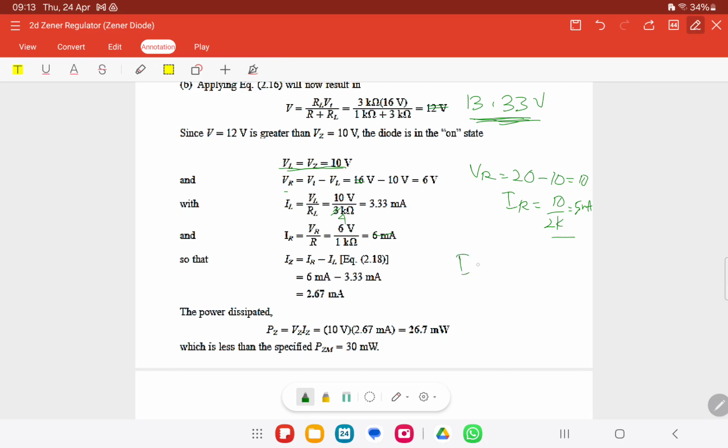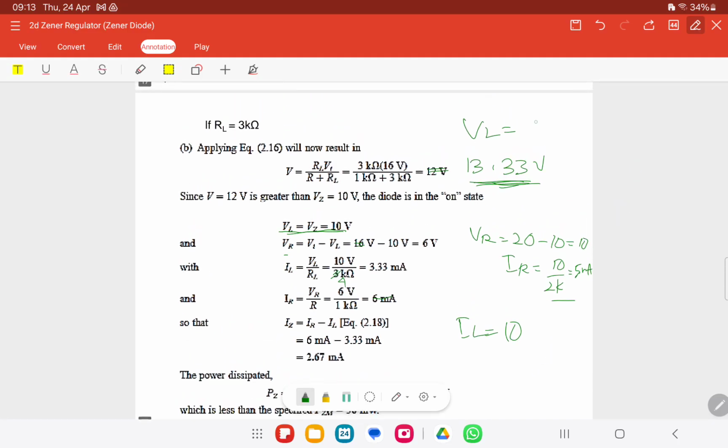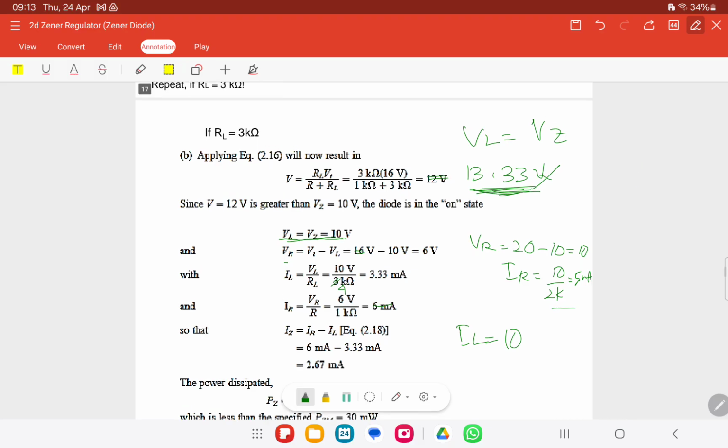IL: VL is equal to VZ, which is 10. We don't use the 13 anymore. This 13 is only to determine the diode condition. Once we know the diode is on, we directly use the VZ given for the Zener diode.